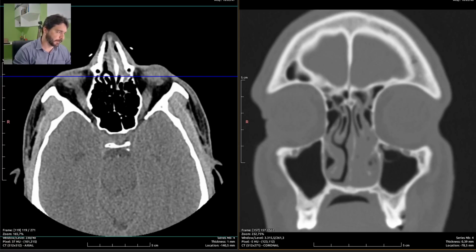And there is air and enlargement of the middle and superior concha.